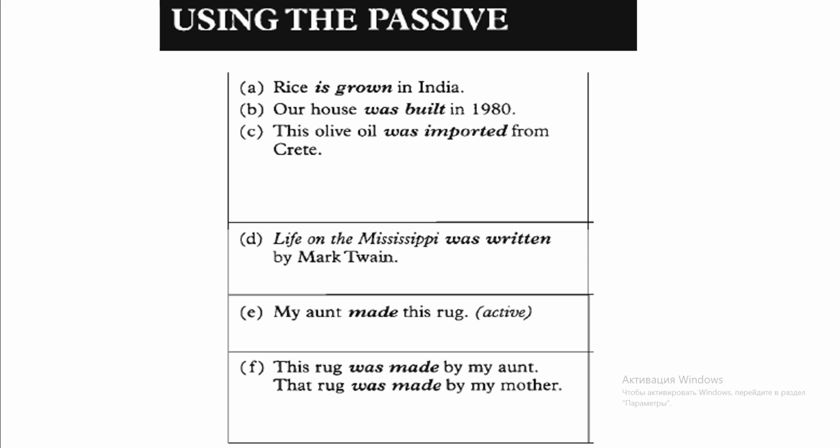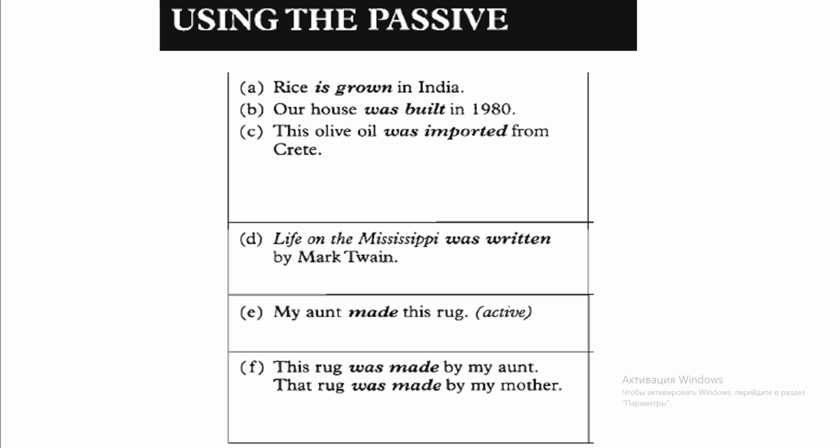Next one. My aunt made this rock, active. So if the speaker knows who performs an action, usually the active is used, as here it is. My aunt made this rock. And the final one: this rock was made by my aunt. That rock was made by my mother.